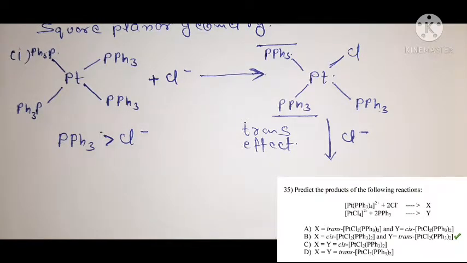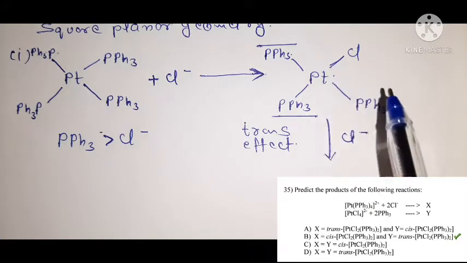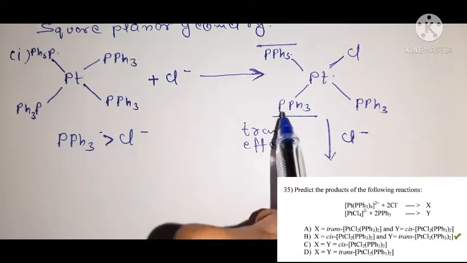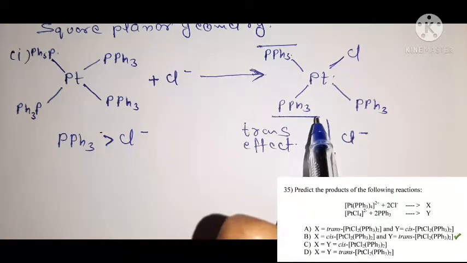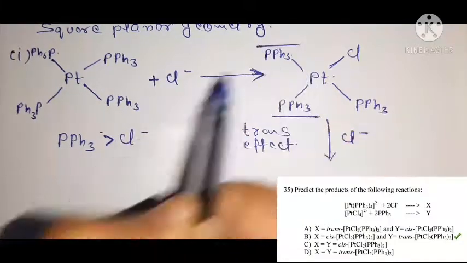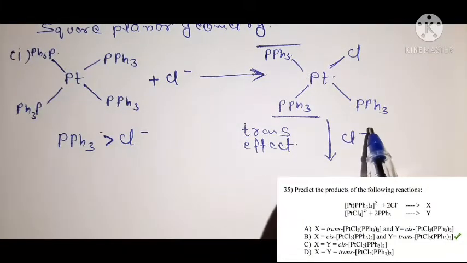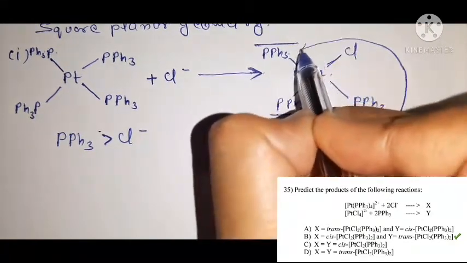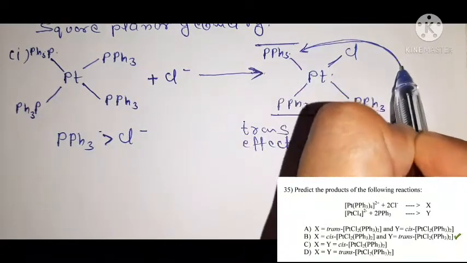That means in this complex we have two positions for attack of chloride anion, either this position or this position, but here chlorine preferably attacks this position.